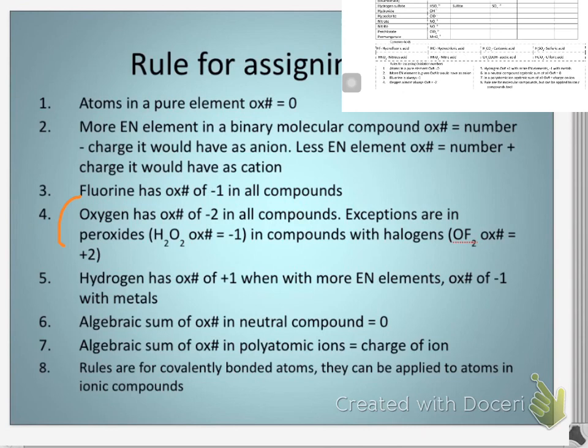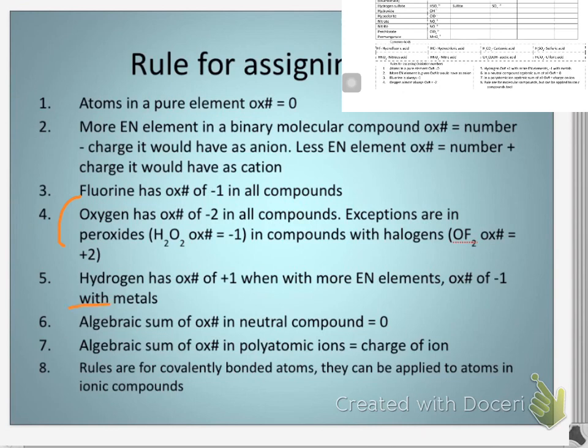There are a few exceptions, but we won't deal with them at this level of chemistry. So you can pretty safely assume that if you're looking at a compound containing oxygen, you can assign oxygen the oxidation number -2. Hydrogen has always got a +1 when it's with something more electronegative, and it can have an oxidation number of -1 when it's with a metal.